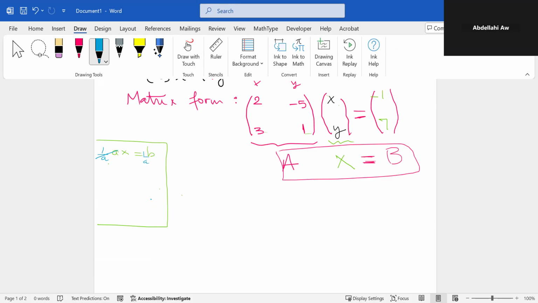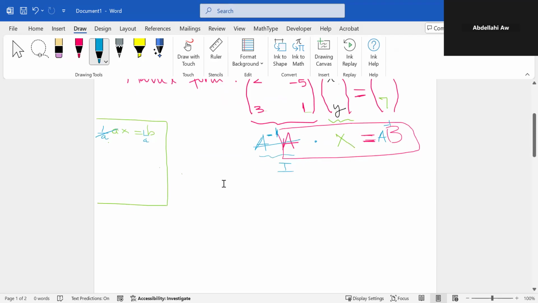So we're going to do the same thing here. If you have A times X equal B, if I multiply both sides by the inverse of A, which is A minus 1, on the left side these two cancel out because they produce the identity.